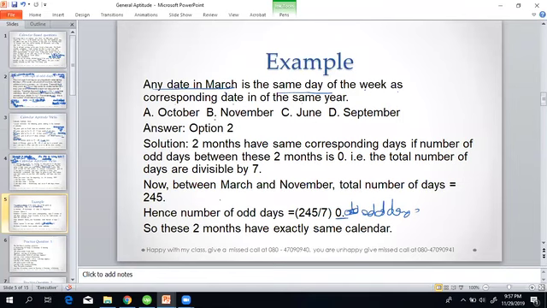So March and November have the same calendar, meaning any date in March is the same day of the week as the corresponding date in November of the same year. So November is the answer. For answering this type of question, 2 months have the same corresponding days if the number of odd days between these 2 months is 0.